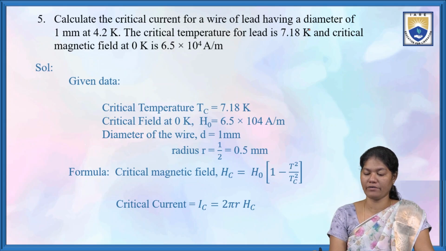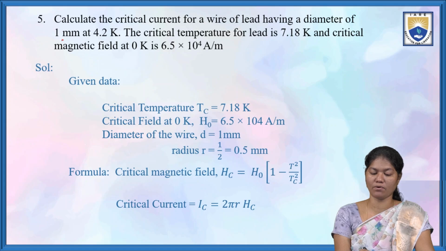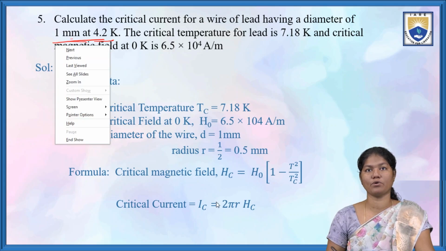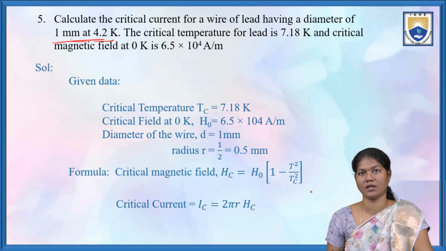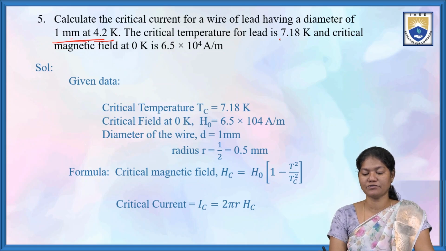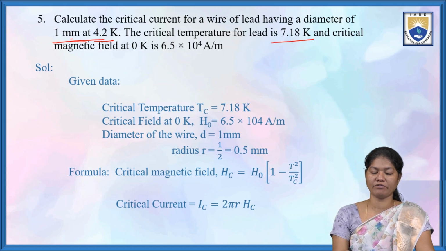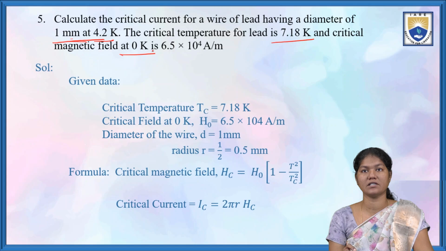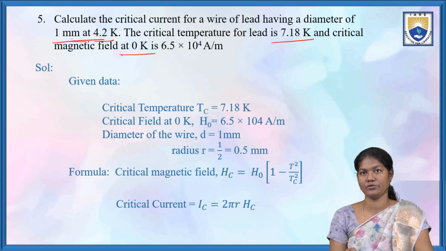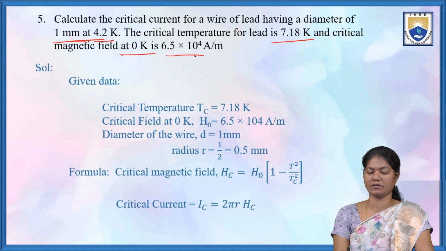The next problem: calculate the critical current for a wire of lead having diameter of 1 millimeter at 4.2 degree Kelvin. The critical temperature for lead is 7.18 degree Kelvin and critical magnetic field at 0 degree Kelvin is 6.5 into 10 power 4 ampere per meter.